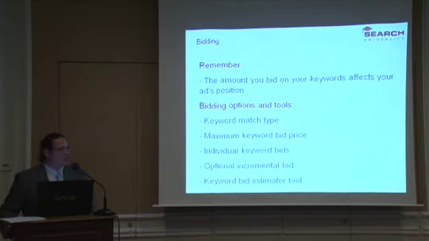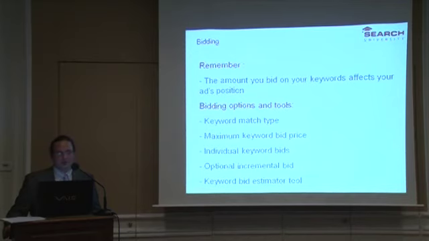So about bidding, your bid will be one of the most important factors for your ad position, along with your quality score, and the higher your quality, the less you will pay for the same position. You will have some different bidding options and tools.